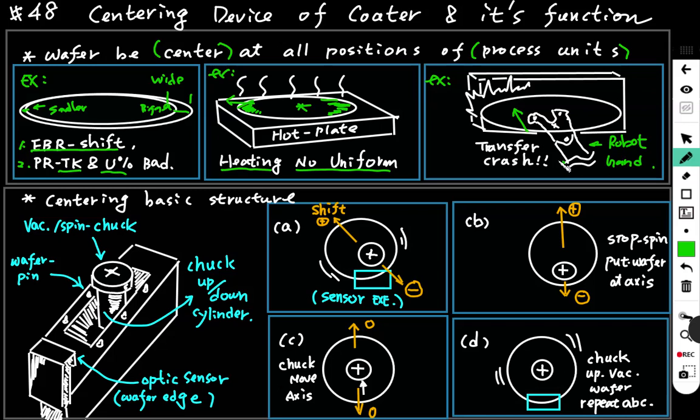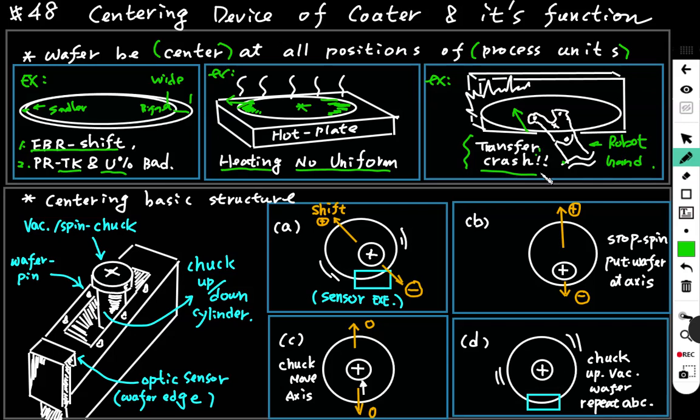So as the robot delivers the wafer into the gate, it will crash and hit the gate. Transfer crash due to no centering.